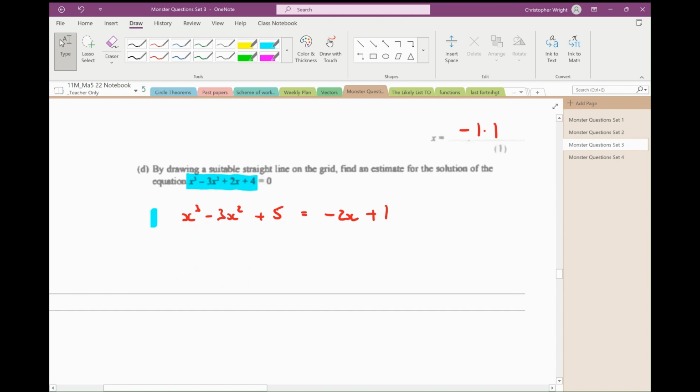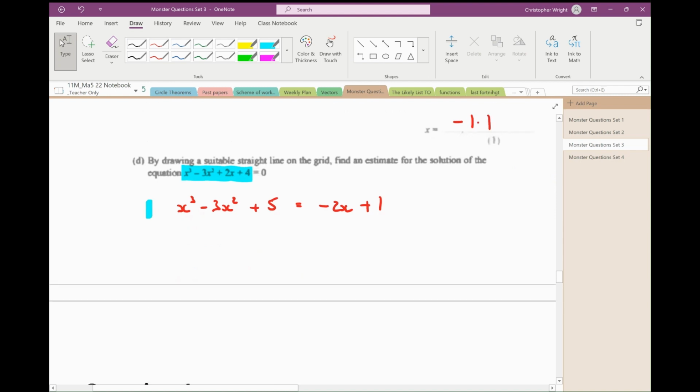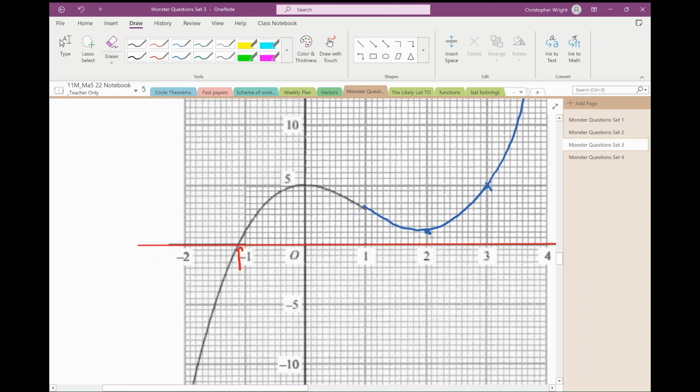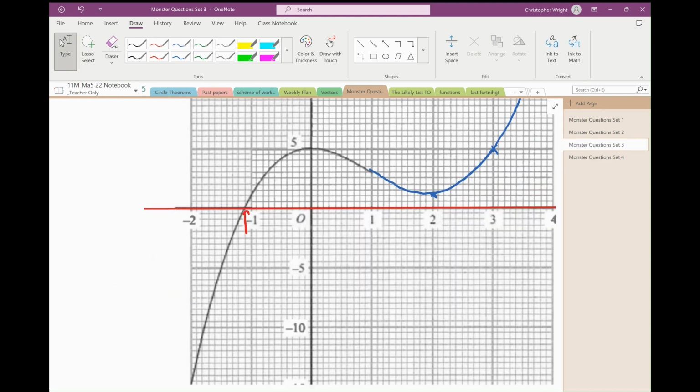So I need to draw the line y equals minus 2x plus 1 on my graph and see where my two graphs cross. I'll do this in green. Plus 1 on the y-axis, so the y-intercept's 1, and the gradient is minus 2, which means that if I go 3 along, it's going to have to go 6 down. So that's 1 down to here.